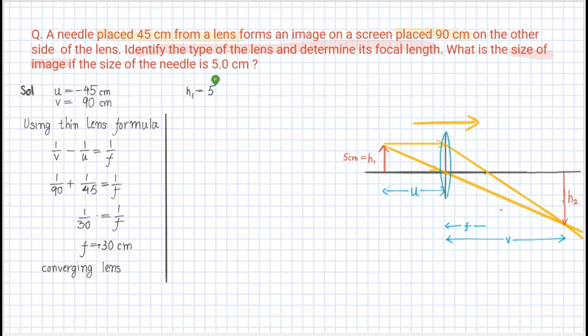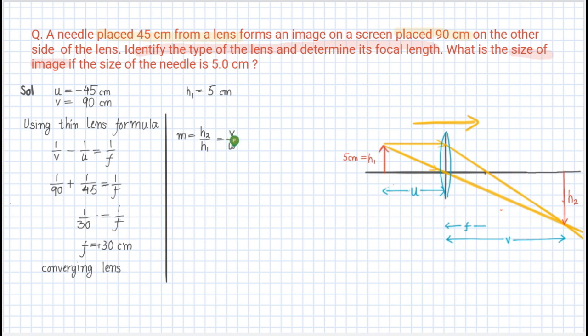Using the formula of linear magnification, m equals the size of the image h2 upon the size of the object h1. It also equals the image distance v upon the object distance u.